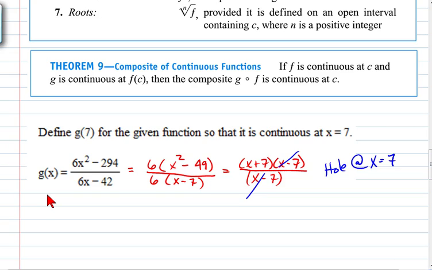I want to define a similar function f of x so that I end up with a continuous version of g of x with that hole removed. This function g will be the same as the graph of the function x plus 7, provided that x is not equal to 7.